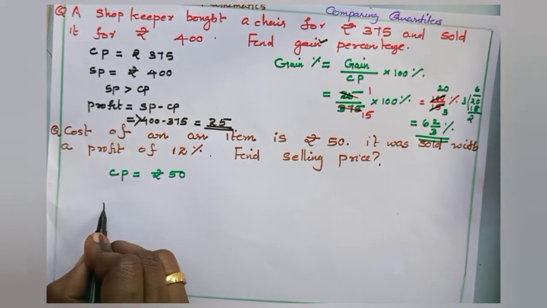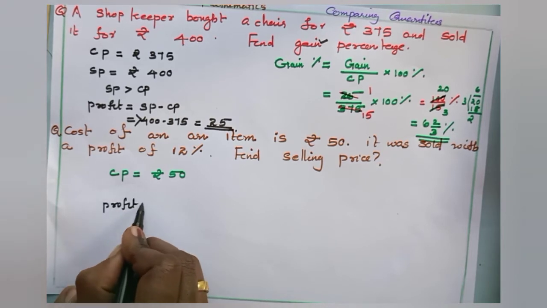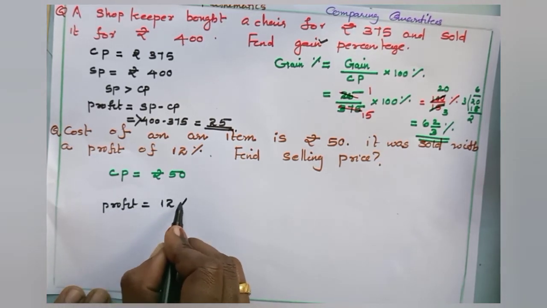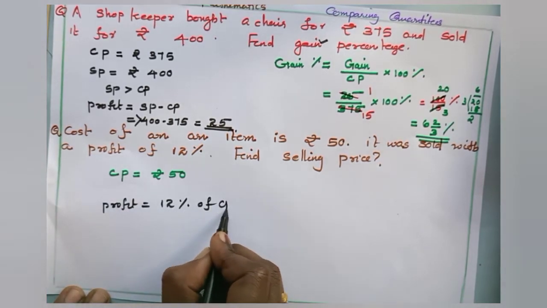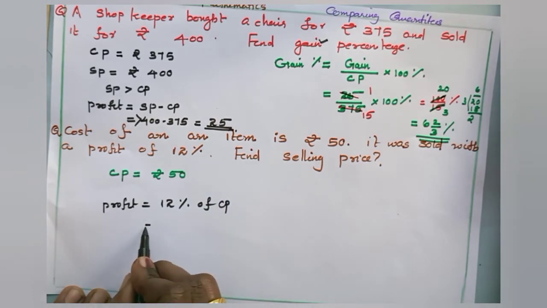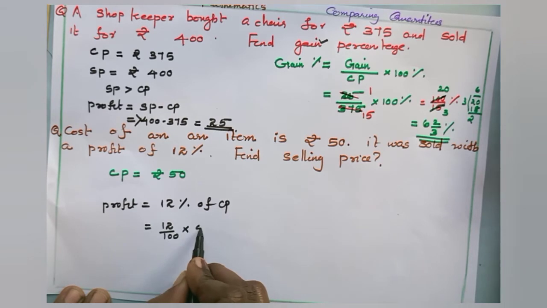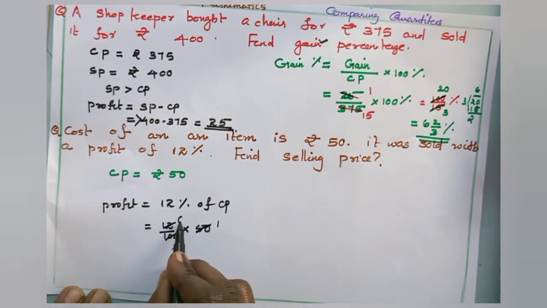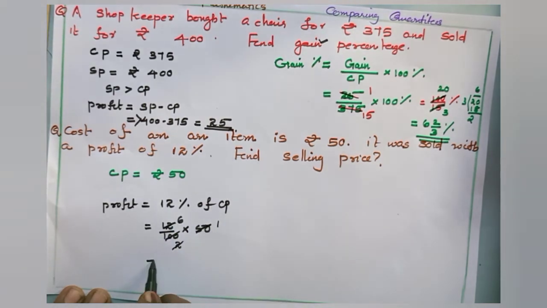So the profit equals 12% of the CP. 12% is 12 by 100 into CP 50. We can cancel 50 and 100 two times, then 2 and 12 six times. So 6 into 1 is 6. So rupees 6 is the profit.